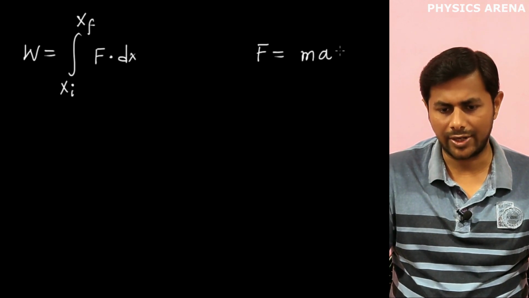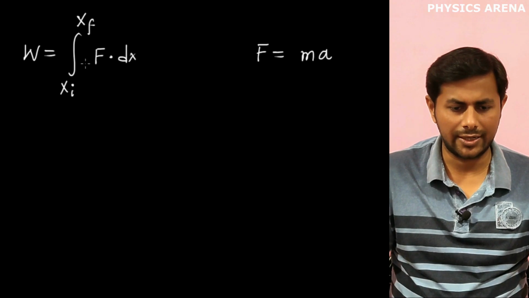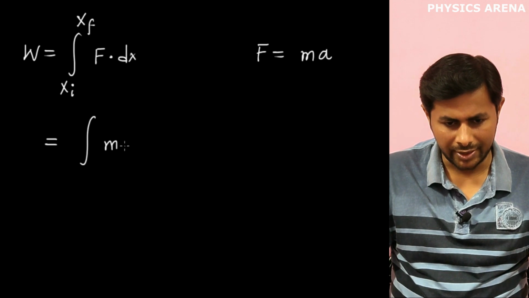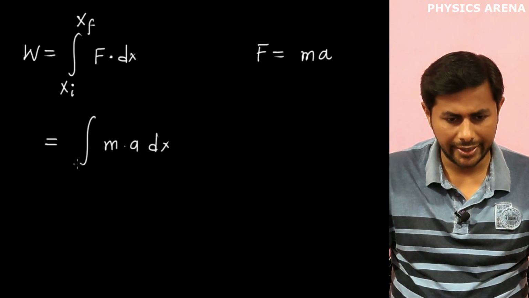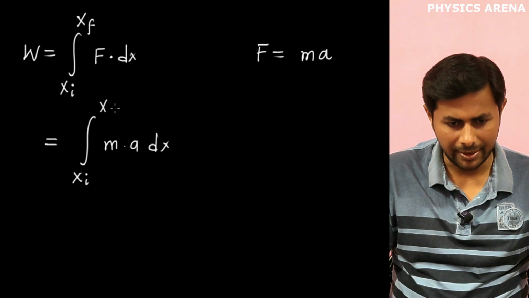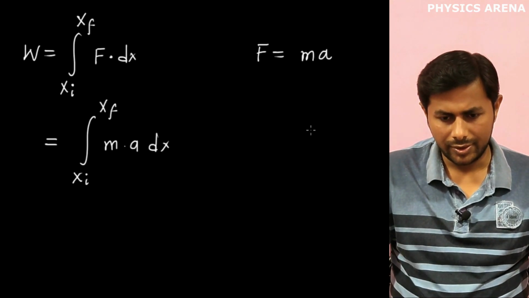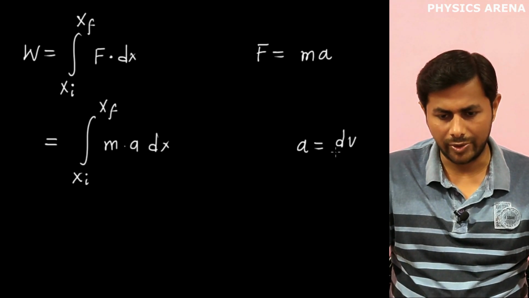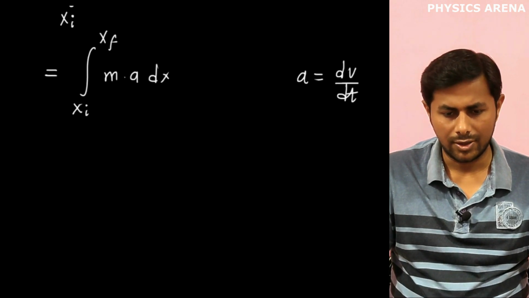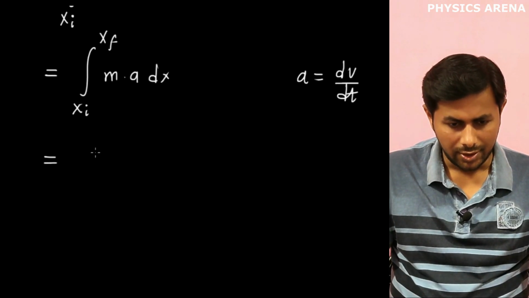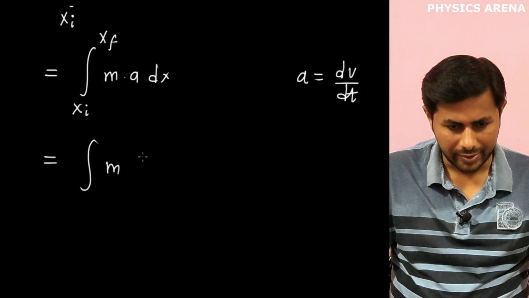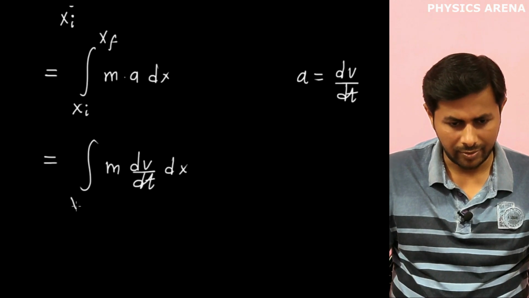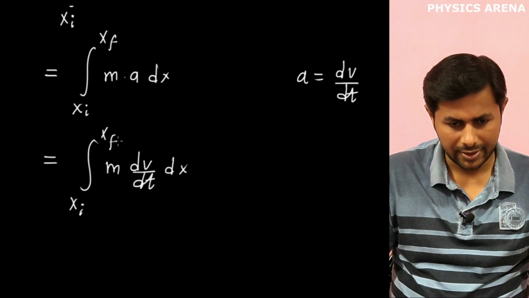So force is mass into acceleration, so we can substitute that into this integral to get integral of m into a dot dx from xi to xf, and then we know that acceleration is change in velocity with respect to time, that is derivative of velocity with respect to the time. Then let's substitute that too. So we get integral of m into dv by dt into dx from xi to x suffix f.